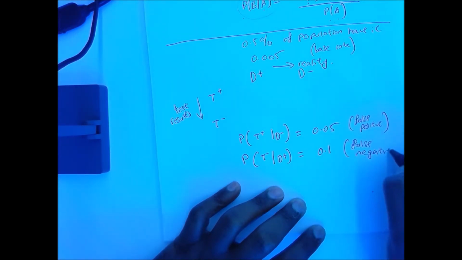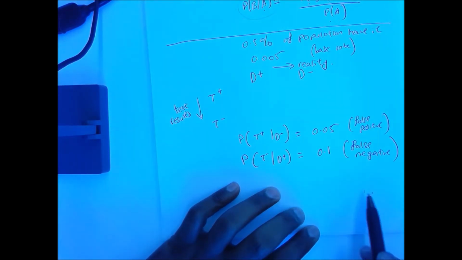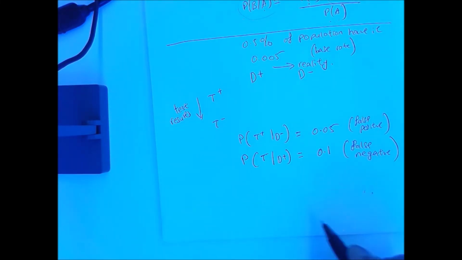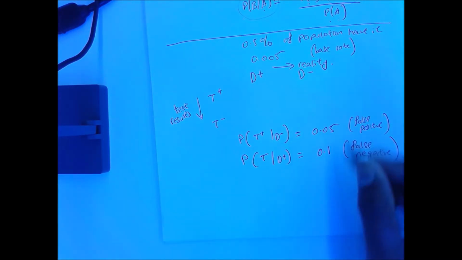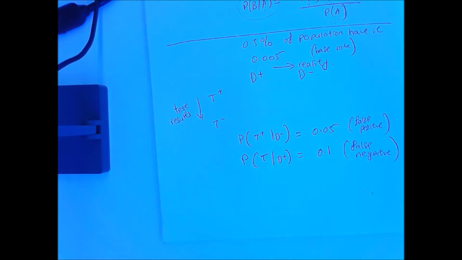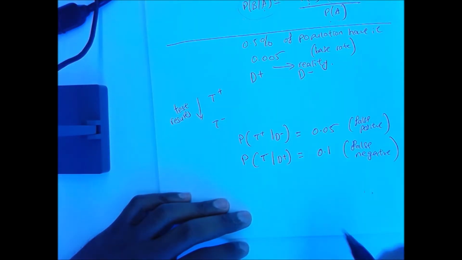A false negative means the test is telling you that you don't have a disease, but you actually have it. These are numbers, like 10%, 5%. Is that a T minus on the bottom one? Yes, T minus.